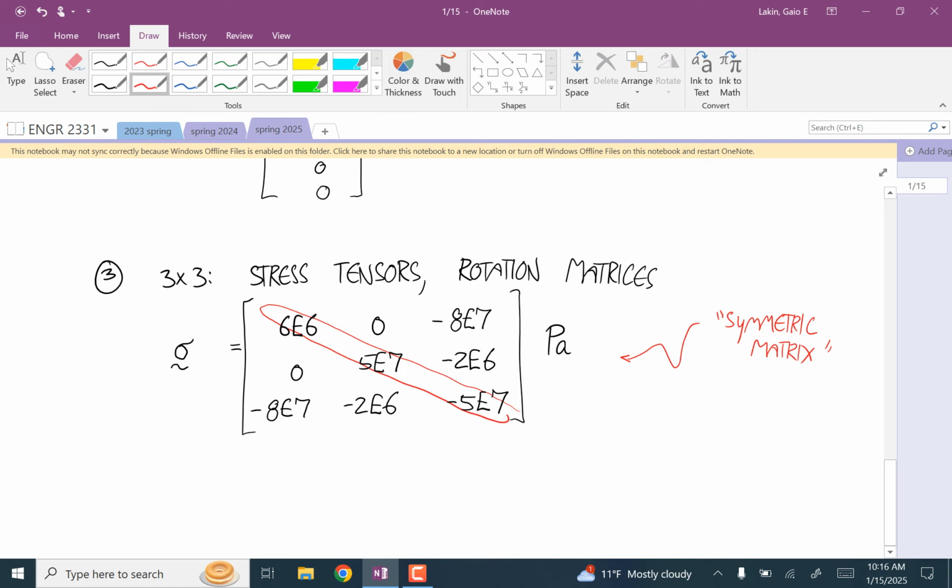The 0 and 0 match, negative 8 times 10 to the 7th match, negative 2 times 10 to the 6th match. And that's always the case with stress tensors. This is always true for stress tensors. We'll see why physically in the next day or two.